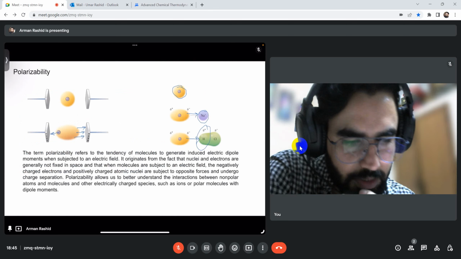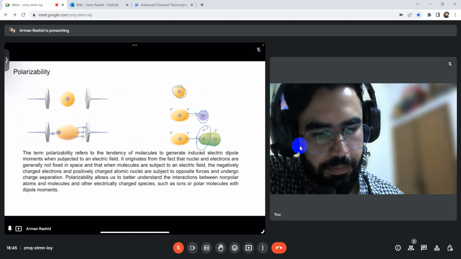If we take a material or any substance that is, for example, circular, polarizability can be isotropic or anisotropic. That means the amount of polarization on this side or on the other side can be different, or it can be the same.